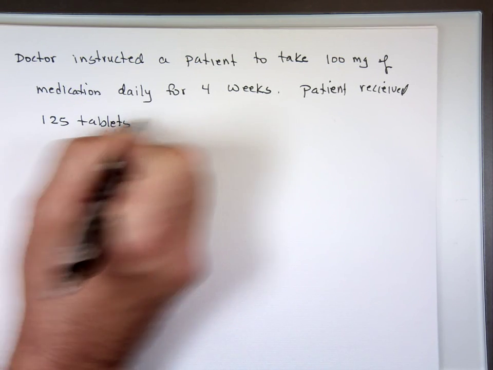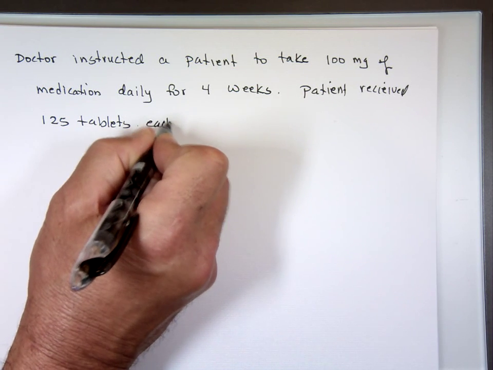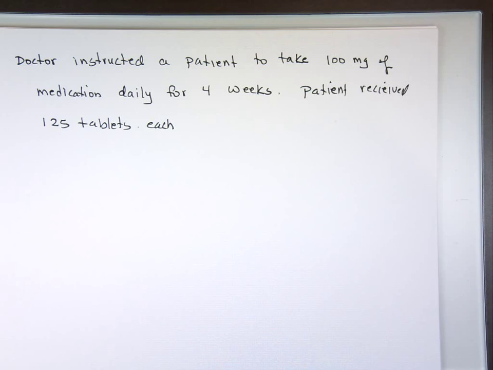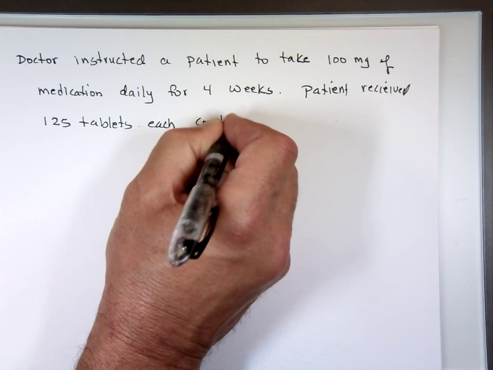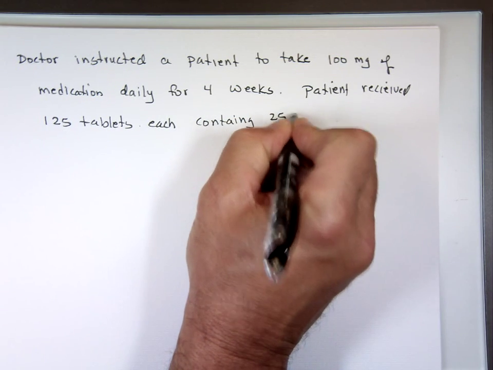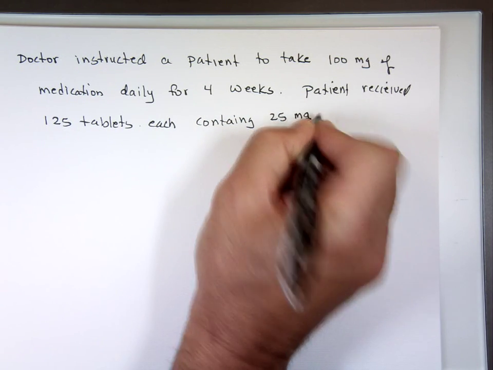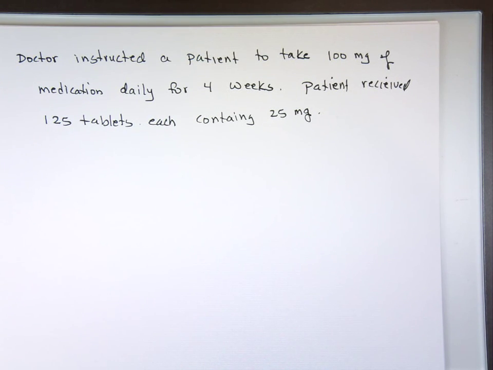But here's the problem with the tablets. Each one of those tablets contains 25 milligrams. How many tablets are there? 125. The container has 125 tablets, but each one has 25 milligrams.